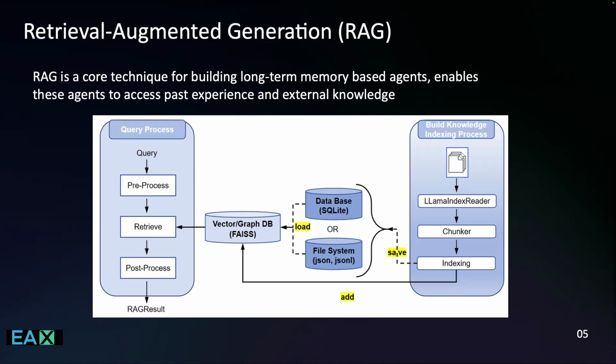After storing this in the knowledge base, when the agent needs to generate a response, it will automatically retrieve relevant information from the database and put it in the generation prompt, so the agent can generate a response based on your past conversation.